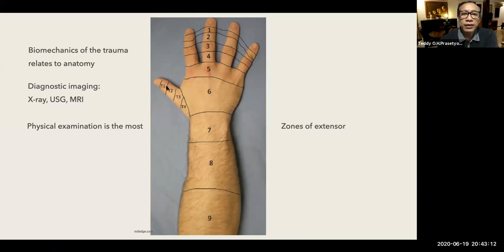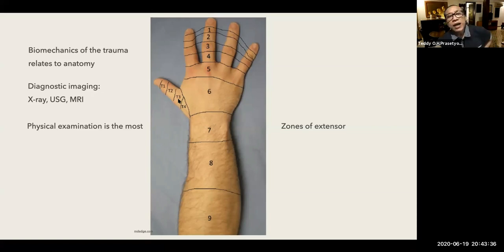Remember, the thumb only has one IP joint, right? And it comes with T4 or zone 4, which is basically the same as zone 6. So then they join zone 7, right? So the thumb does not really have zones 5 and 6.